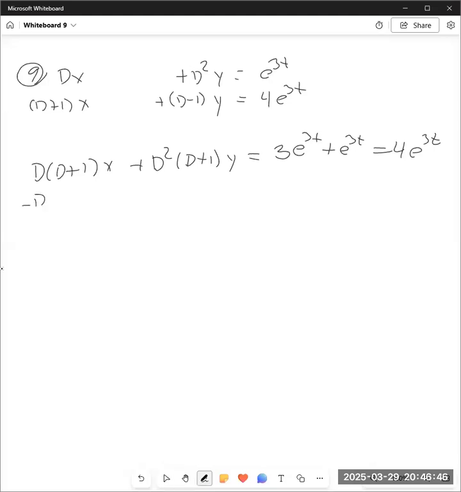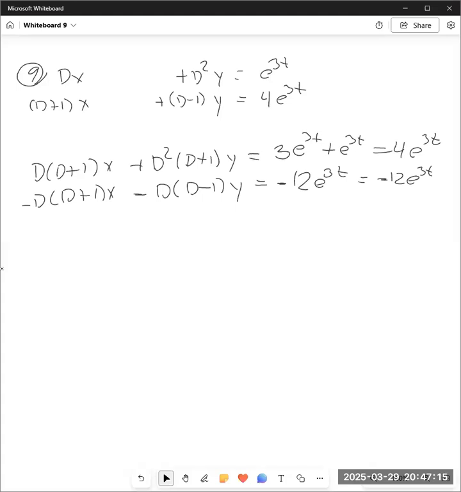So I get a negative d plus 1 x minus d times d minus 1 y is equal to a negative, and then we're going to use the differential operator here, 3 times 4 is 12, e to the 3t is a negative 12 e to the 3t.